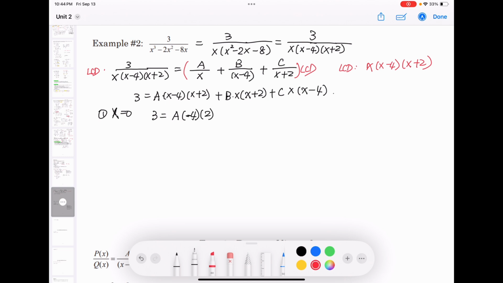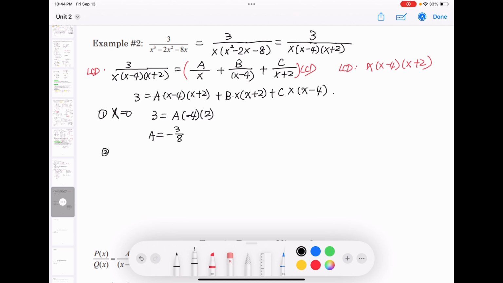The rest of them all have the x, which means they are all 0. Then we can solve for a. 3 is equal to negative 8a. So a is equal to negative 3 over 8.